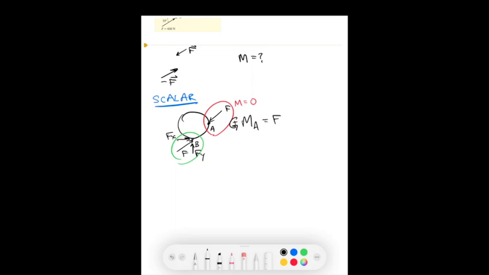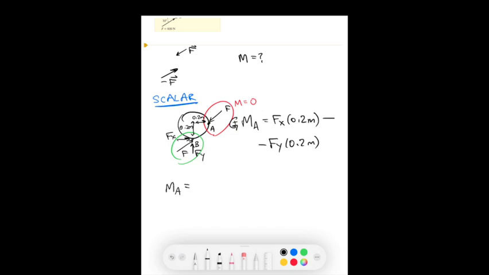So the moment about A is equal to positive Fx. So the x component causes positive rotation times the distance away, which is 0.2 meters. Same for this direction. Minus Fy, because Fy causes the rotation in the other direction, which is negative.